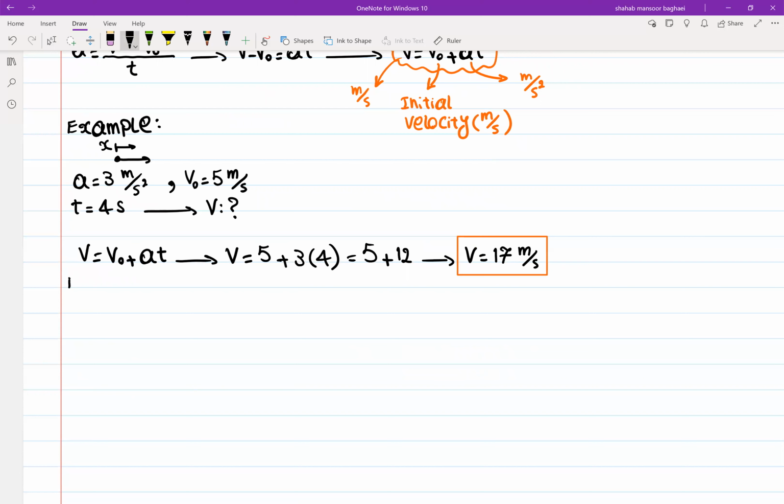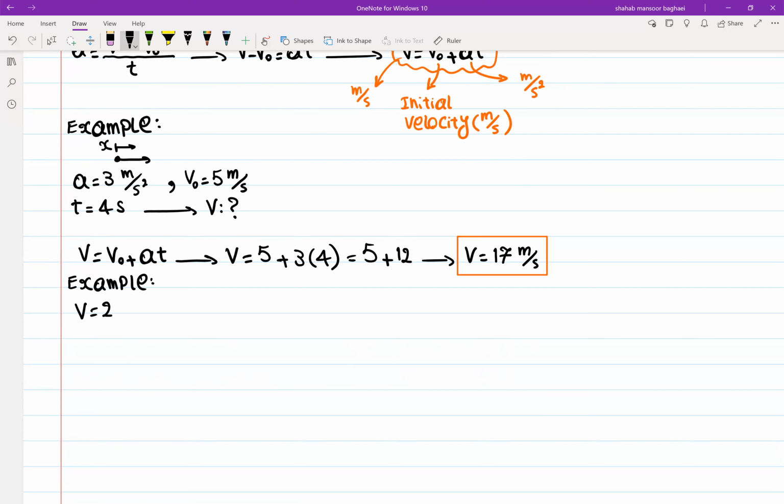Next example. Imagine there is a particle and it has a velocity of 22 meter per second.